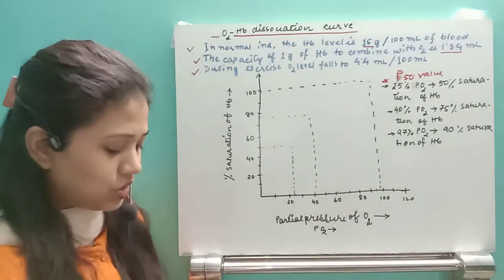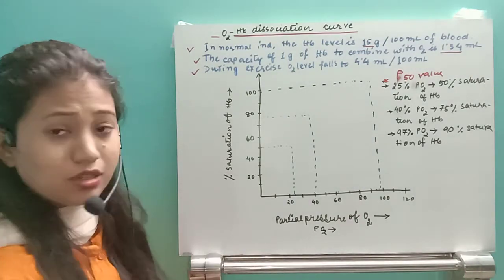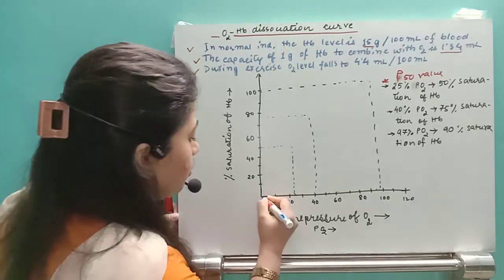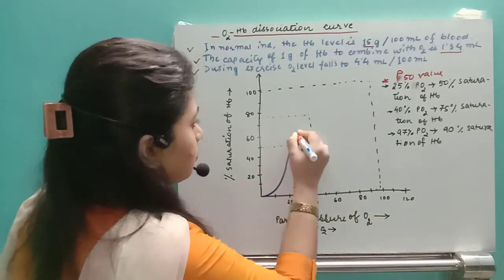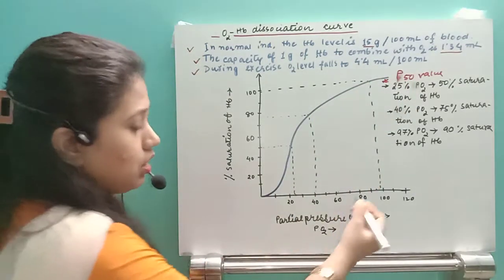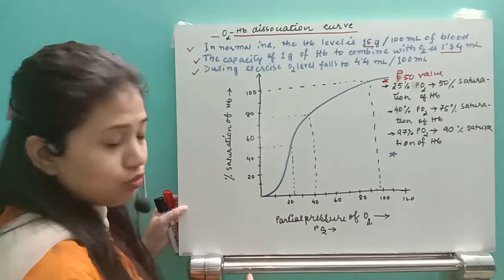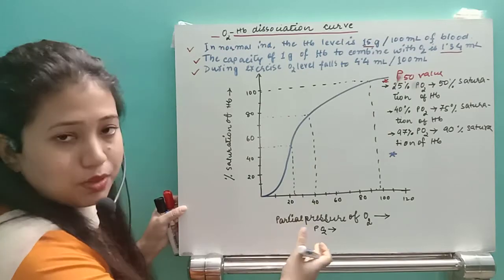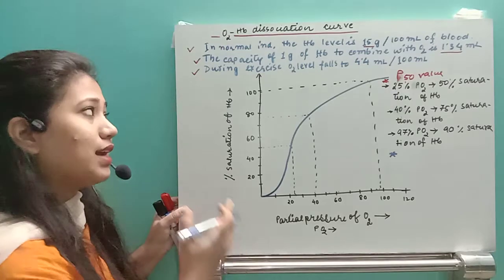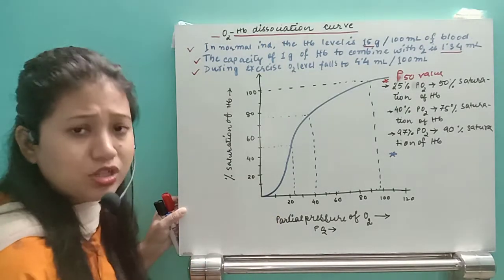Whenever we join the points, this oxygen hemoglobin dissociation curve will look like an S-shaped curve. So we will see an S-shaped graph whenever we put the values of partial pressure of oxygen and percentage saturation of hemoglobin on the x-axis and y-axis; we will get a sigmoid curve.